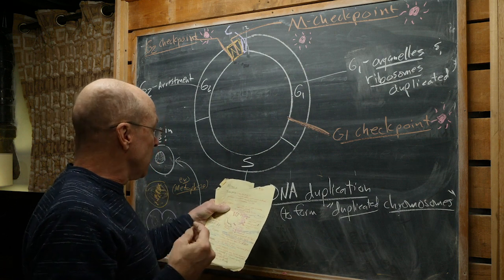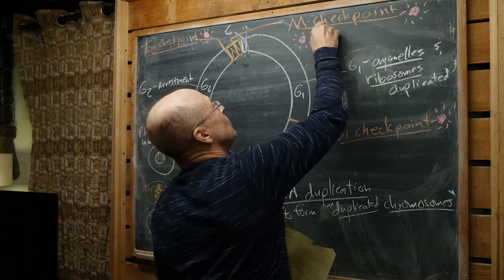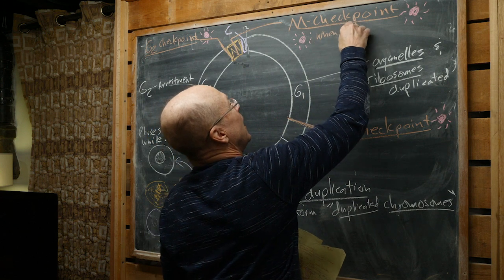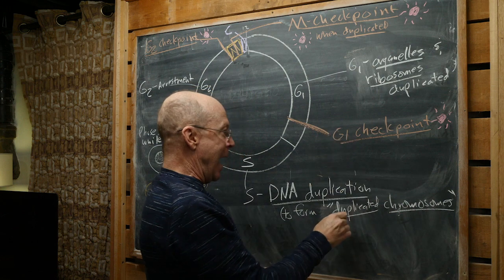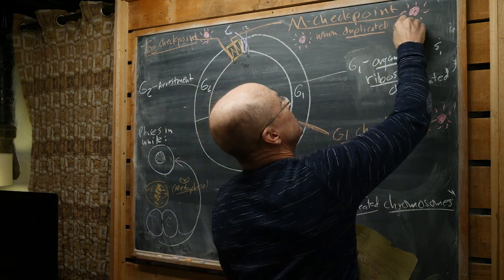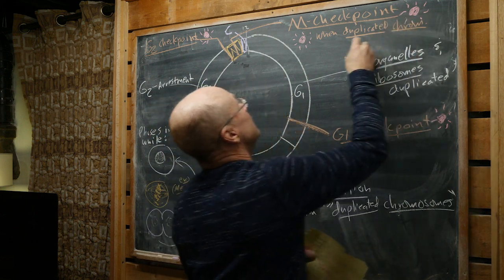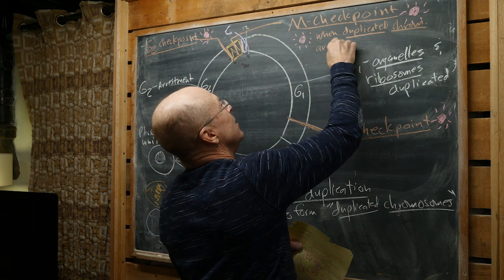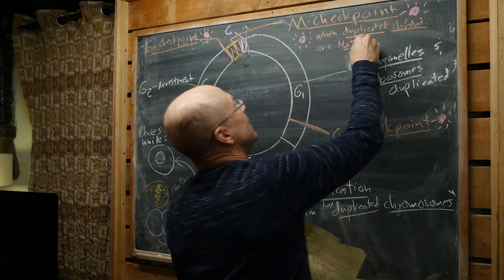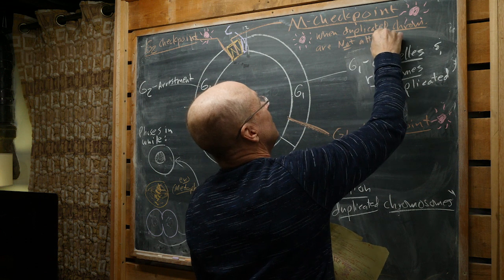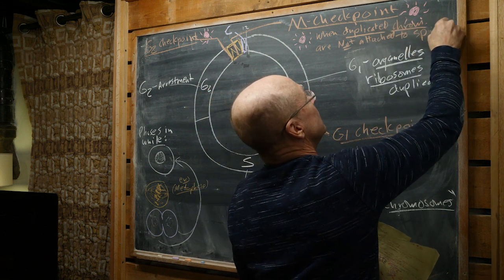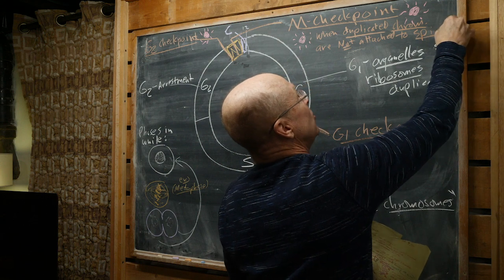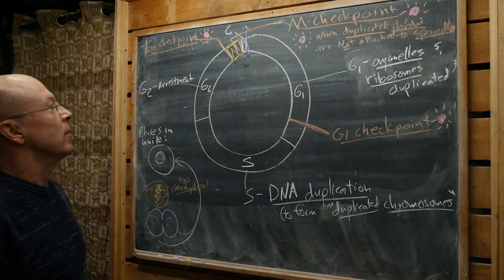The red light is on when the duplicated chromosomes, which I'm going to abbreviate, are not attached to spindle microtubules. So this thing called the spindle, and again, we'll be talking about that later.